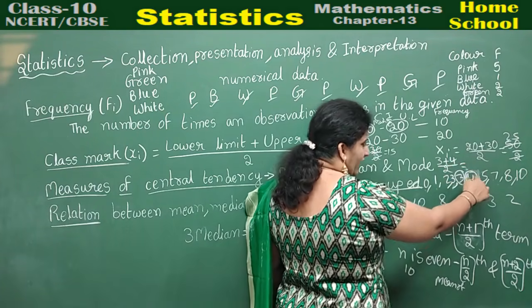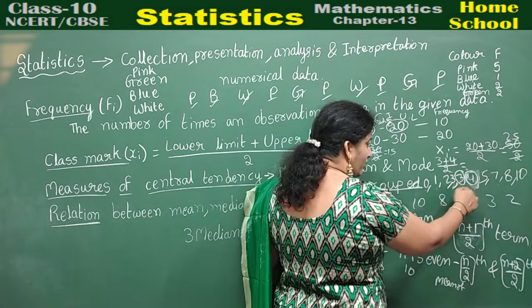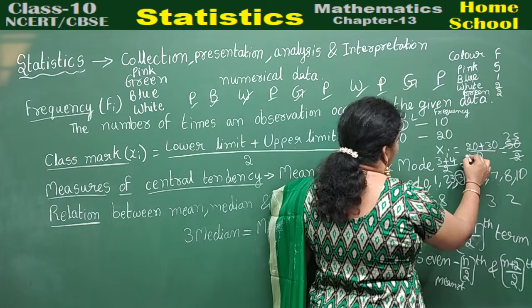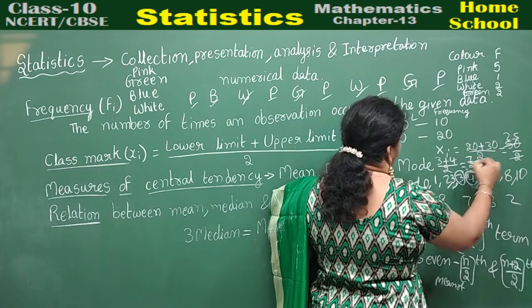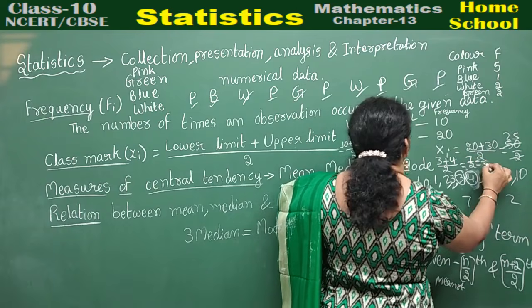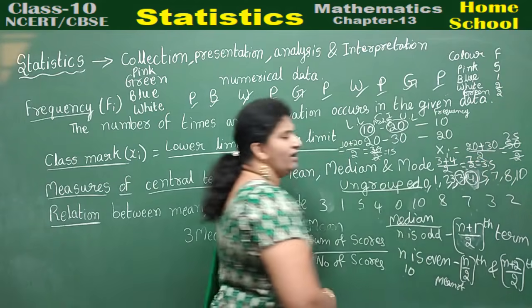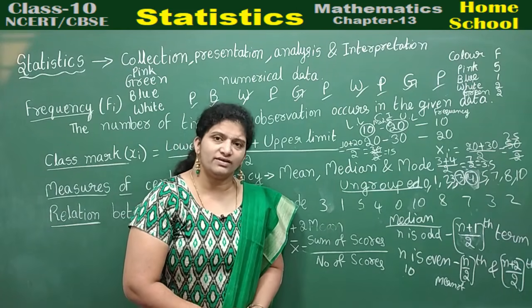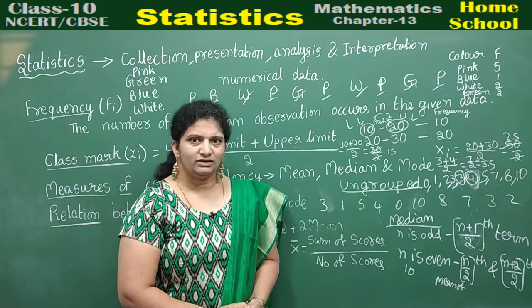Two terms you have. Sum of the terms by number of the terms is the mean. 3 plus 4 by 2, it will be 7 by 2, which is 3.5. 3.5 is the median. Right?